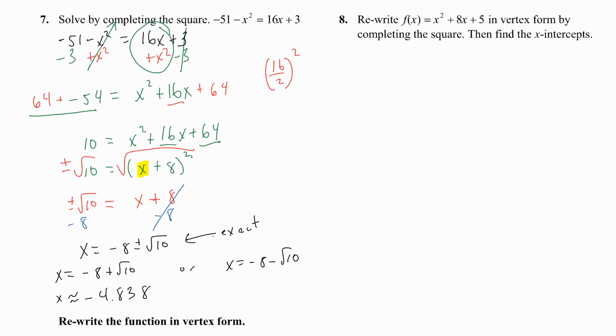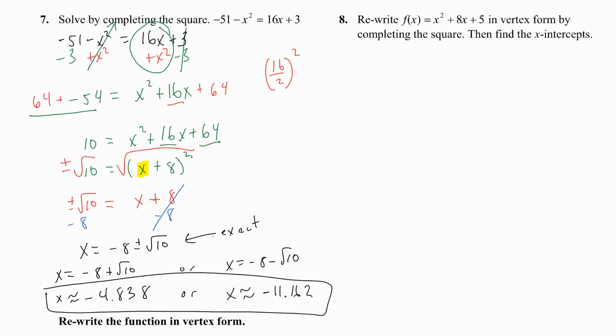And then on the other side, that's one approximation, or, approximately, we'll do negative 8 minus the square root of 10, so negative 11.162. So these are your approximate answers. Since the square root of 10 is not a rational number, it's irrational.